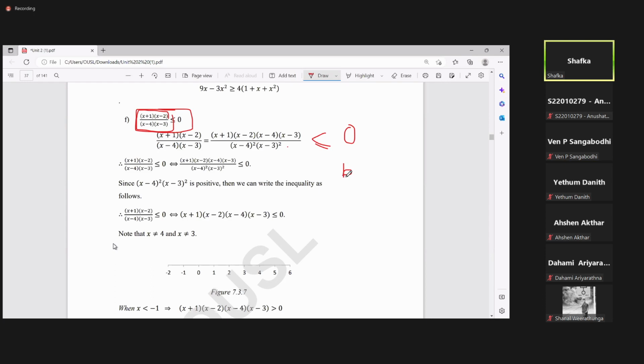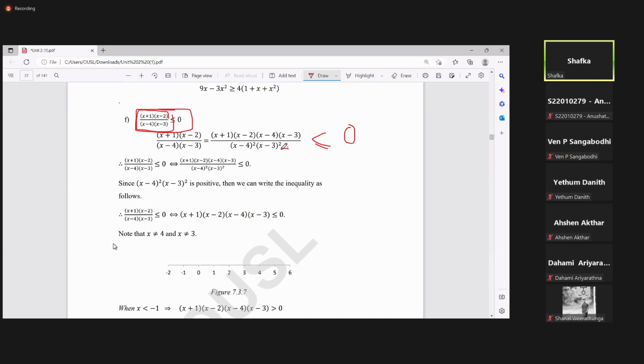Let's say we have B over A. I'm saying that A is a positive number and this fraction is a negative number. What can you say about B then? B should be negative. So if we apply the same thing to our inequality, the numerator must be negative.